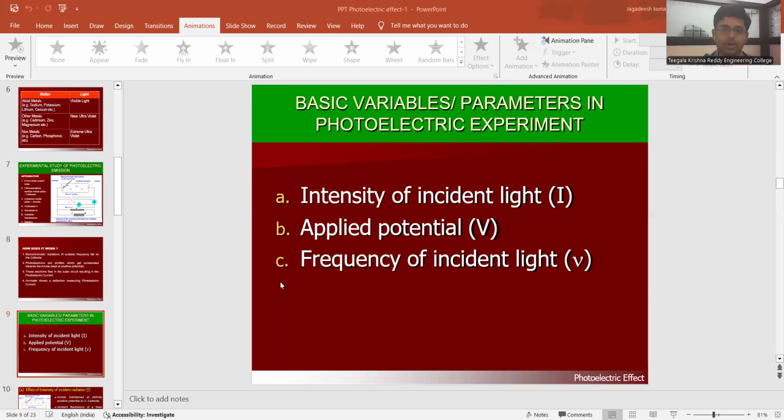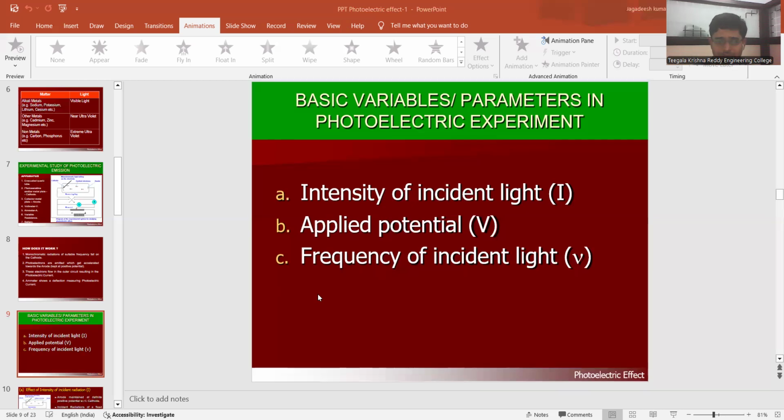The fourth one is the use of different photometals. When light is incident on the metal, how many electrons are emitted depends on these four characteristics. We discuss them one by one.